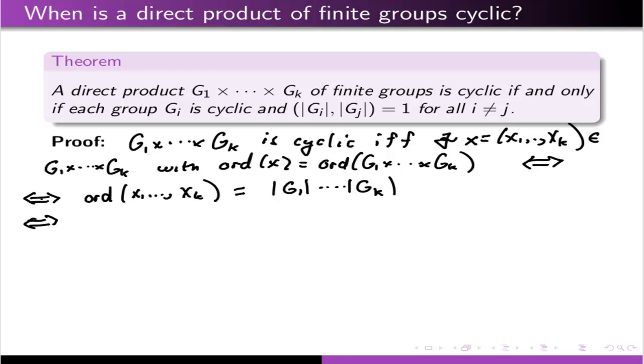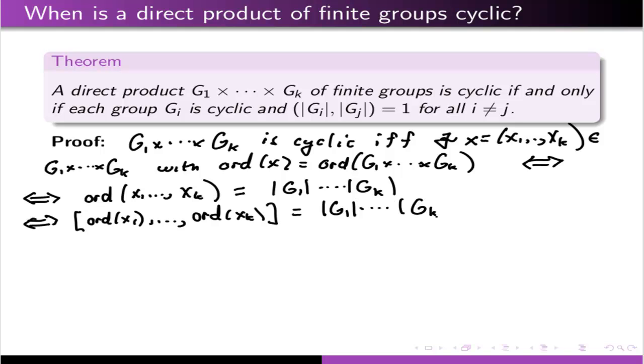So we're coming up with some equivalent statements. This is the least common multiple of the order of x1 through the order of xk, and that should equal this product here. Okay, now, what do we know?